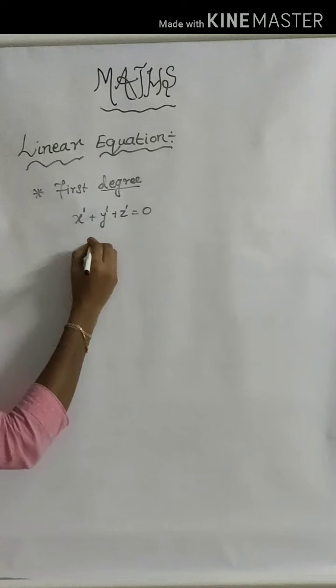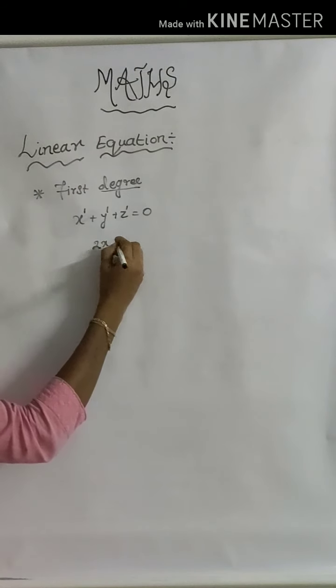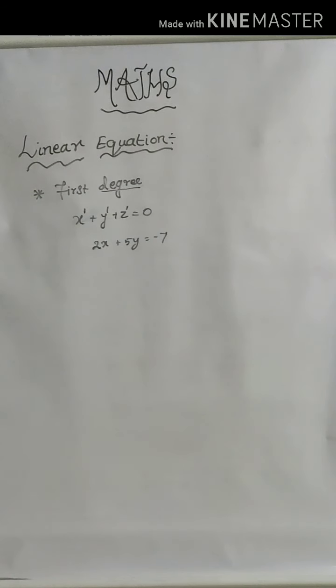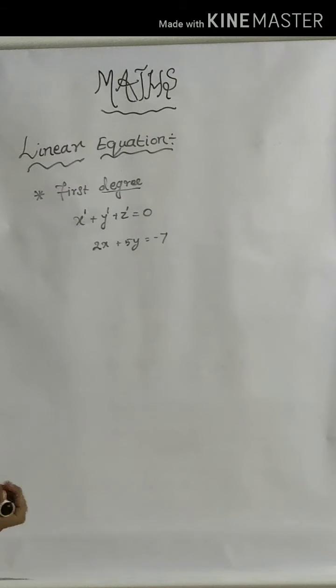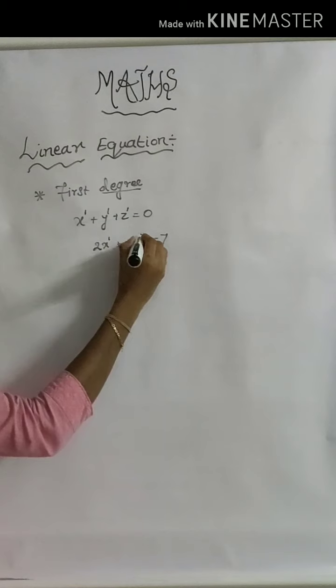Next, we can move on to the next example, that is 2x plus 5y equal to minus 7. I am taking a two variable equation here. So I have only x and y. Here I don't have the power of x and y. If they didn't give anything, we have to consider that power as 1.